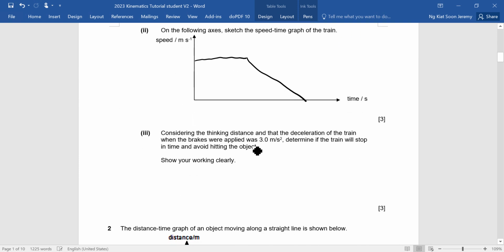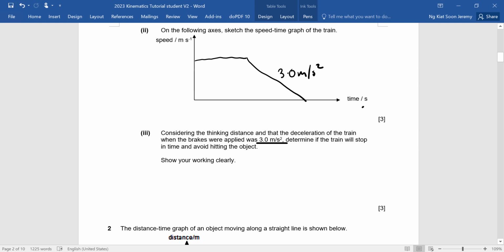Considering the thinking distance and that the deceleration of the train applied is 3 meters per second squared, determine if the train will stop in time and avoid hitting the object. I know that the deceleration gradient is 3.0 meters per second squared. How do I know this is the gradient?